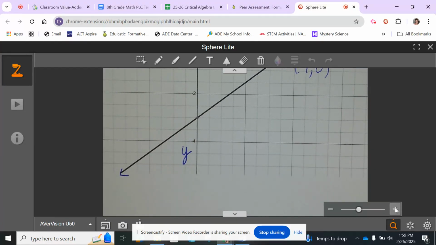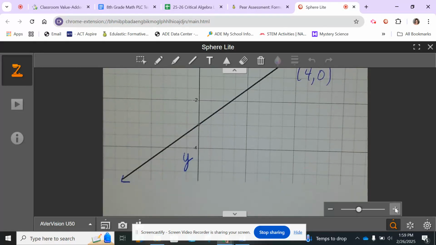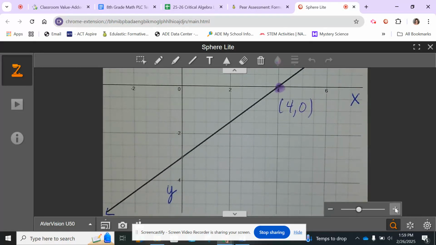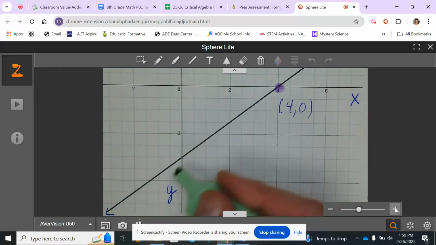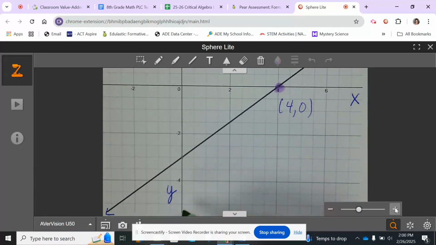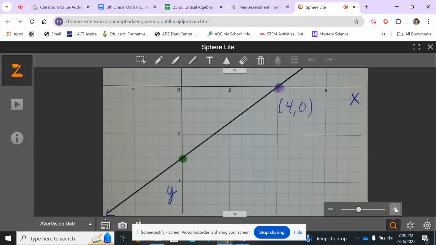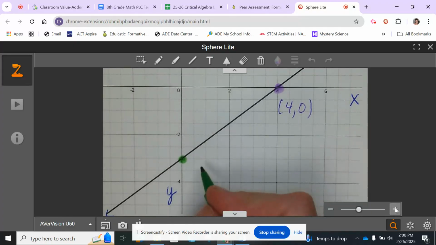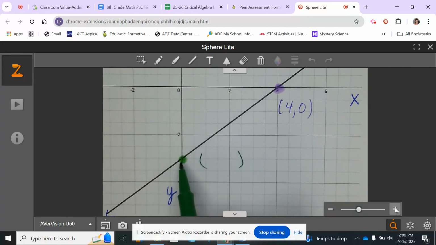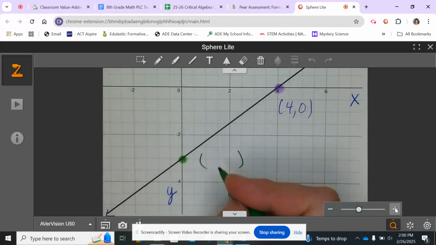So very similar. If we're looking for the y-intercept, we find where does that graph intersect the y-axis, and at that point, that's going to be our y-intercept. We can see that the y value is -3 because here's -2 and -4, so halfway would be -3.